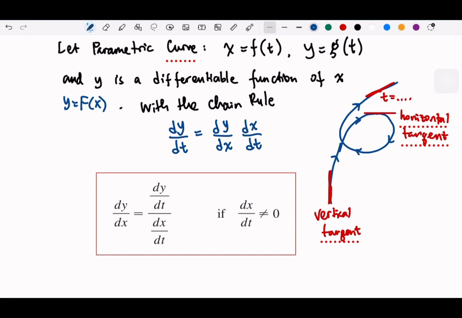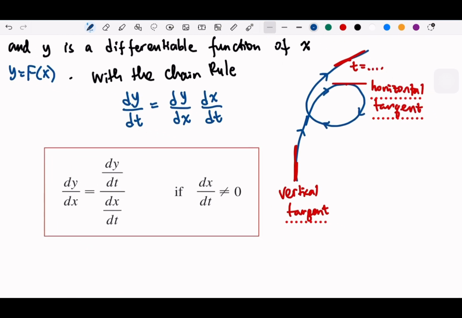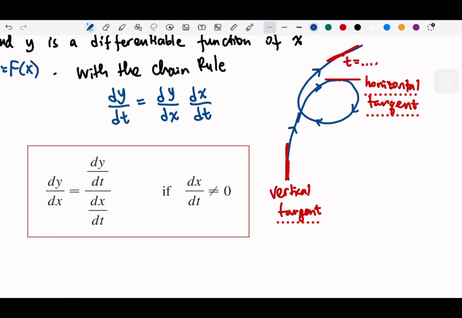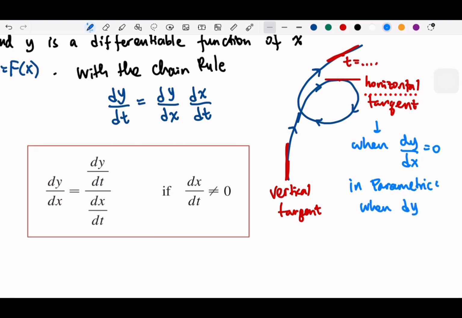The horizontal tangent is when dy dx is 0, right? Which means in our case, in parametric, this is when dy dt is 0 and dx dt is not 0.